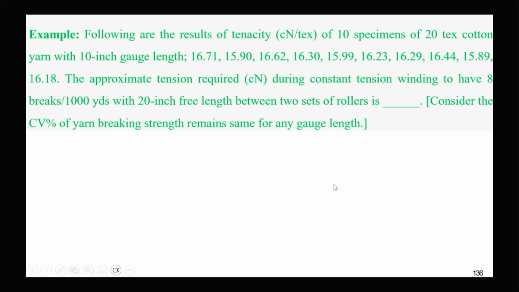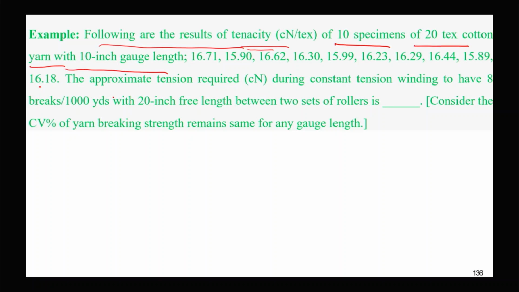Now, another numerical. Here, following are the results of tenacity in centinewton per tex of 10 specimens of 20 tex cotton yarn with 10-inch gauge length. So these are the tenacity values, 16.71, 15.9. These all are the tenacity values.